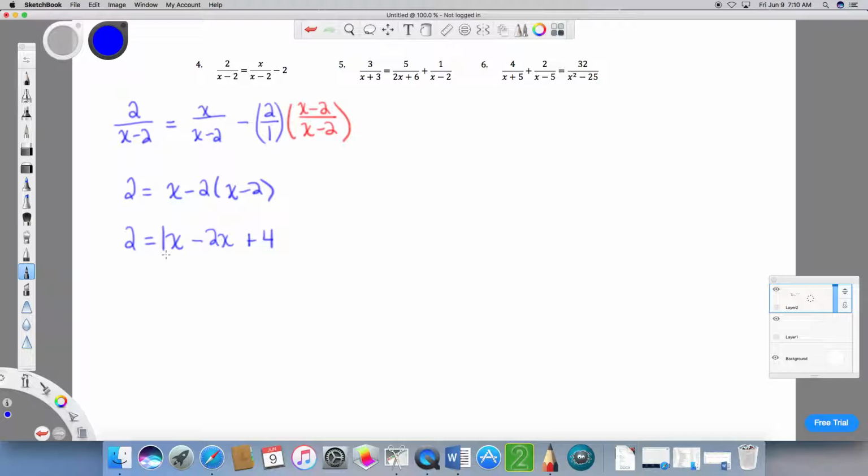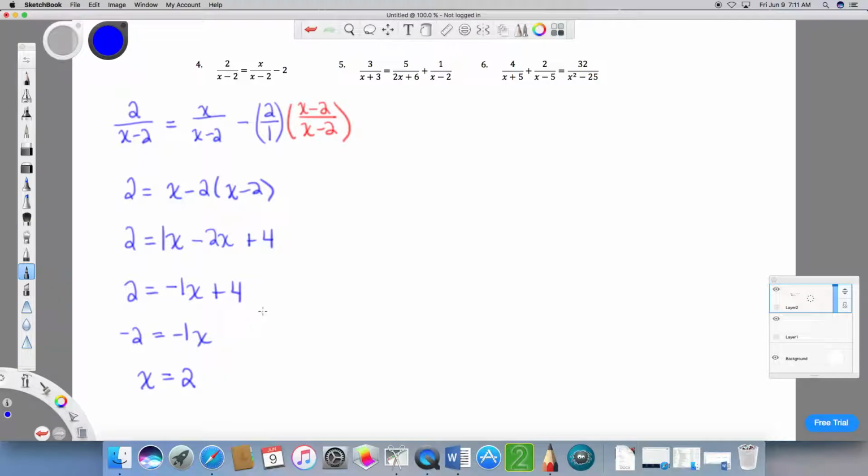It sometimes helps students if you put a 1 as a coefficient in front of any x's like that, just as a visual aid in helping. That 1 minus 2x is a negative 1x. If we subtract 4 from each side, here we see that x has to be 2.